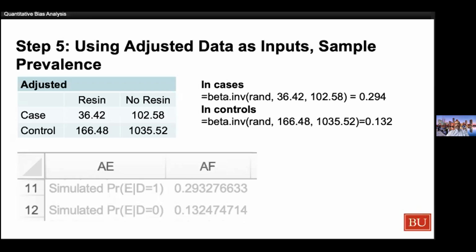So what I can do is sample from a beta distribution centered on the same value that I get for the expectation for the prevalence, which is 0.294. And I do the same thing for the controls. Sample centered on a value of 0.132, which is the actual expected prevalence that I got when I adjusted. But it allows for that variability because it's an estimate. So that's what it looks like in the spreadsheet.